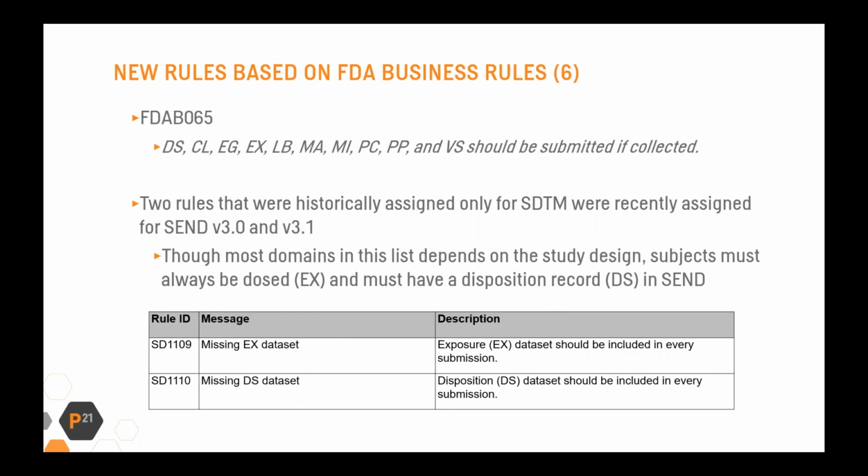Another rule based on FDA business rules, FDA Business Rule 65: DS, CL, EG, EX, LB, MA, MI, PC, PP, and VS should be submitted if collected. Because of this business rule, we already had two rules that were assigned for SDTM for a long time that checked for a missing EX data set for exposure or a missing disposition data set.